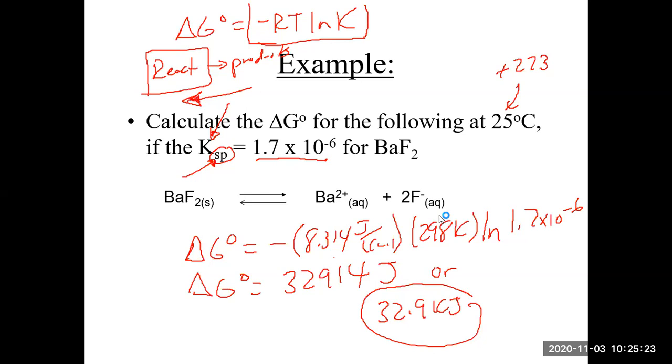That would mean that our delta G is probably going to be a positive number, which would indicate that this reaction is non-spontaneous, hanging out more on the reactant side, which is what we would expect for something that has a KSP that's pretty much insoluble. So all these values do make sense.